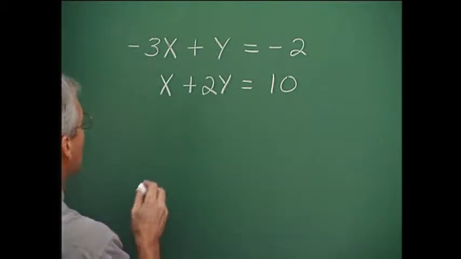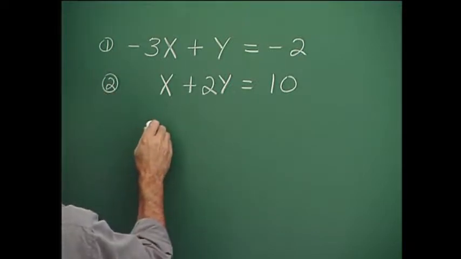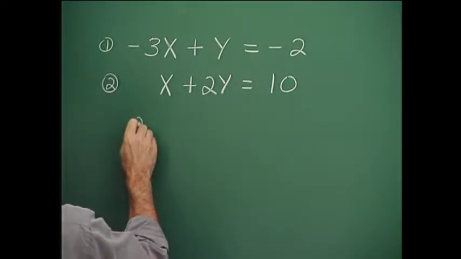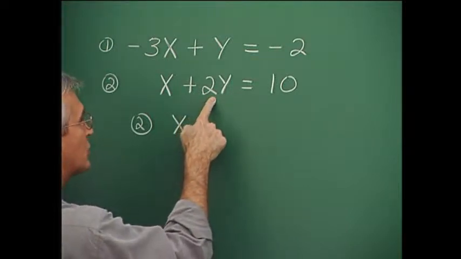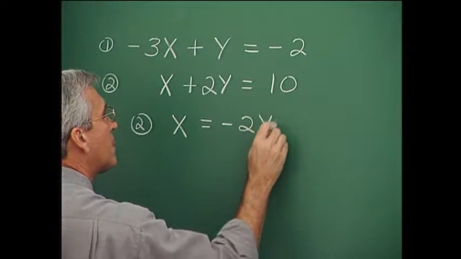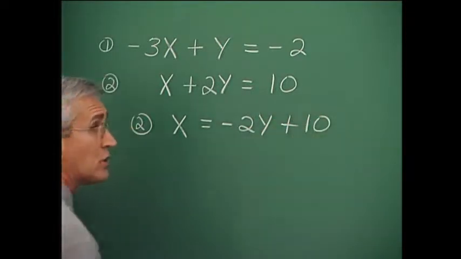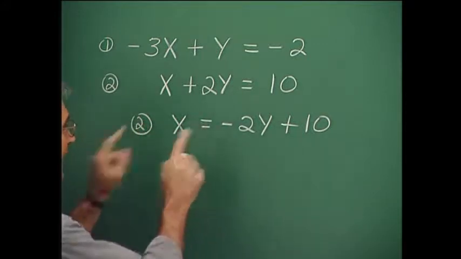And we can just take our choice. Now I'm going to solve in equation 2 for x. So in equation 2, to solve for x, I'll clear the 2y by subtracting 2y on both sides. I'll get x equals minus 2y plus 10. All right, so I have solved equation 2 for one letter, x.